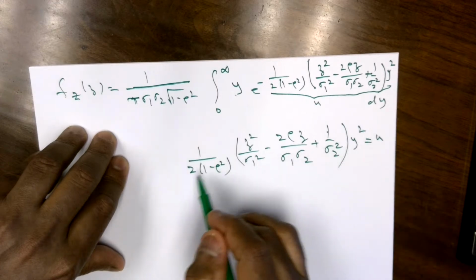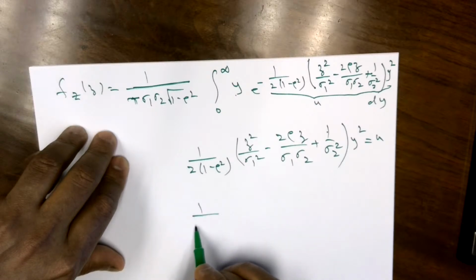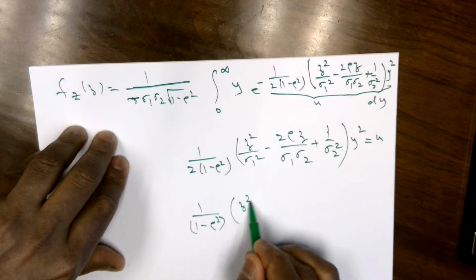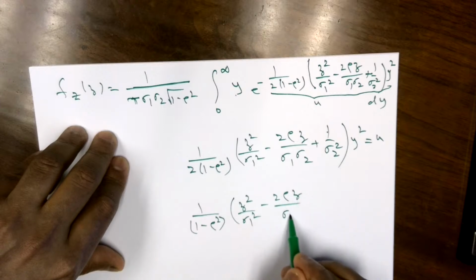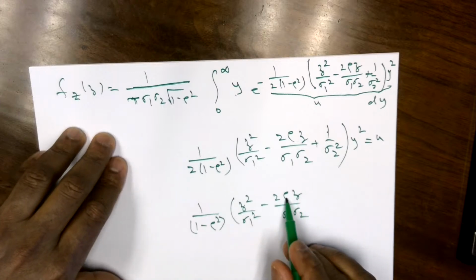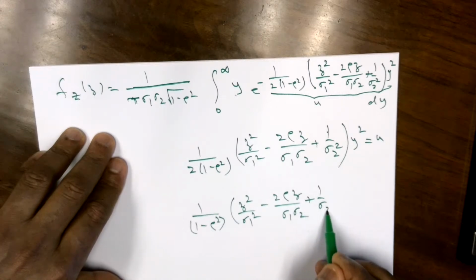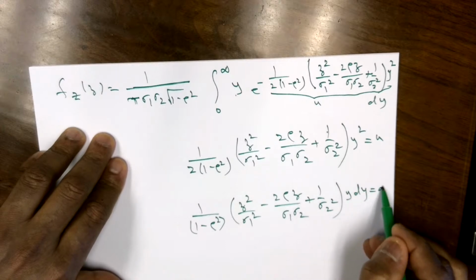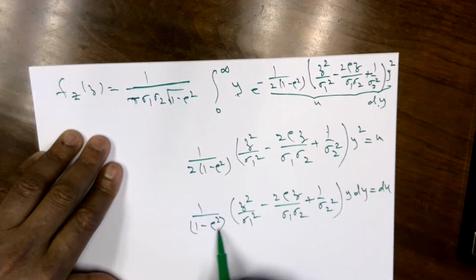So du will be 2y dy, 2 again cancels, so I get 1 over 1 minus rho squared multiplied by z squared over sigma 1 squared minus 2 rho over sigma 1 sigma 2 plus 1 over sigma 2 squared, y dy equal to du. So we have y here, dy here.